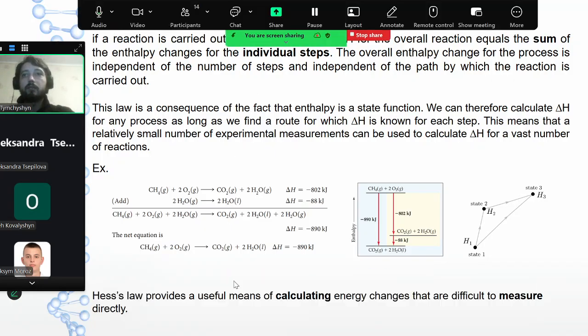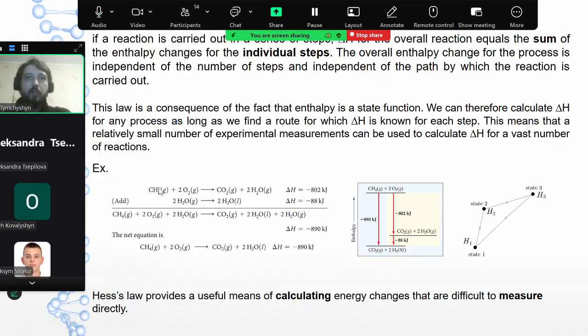Let's look at an example. I am looking at the equation of combustion of methane with oxygen. Of course we expect some CO2 gas and water to be formed. We can see this as a two-step reaction.